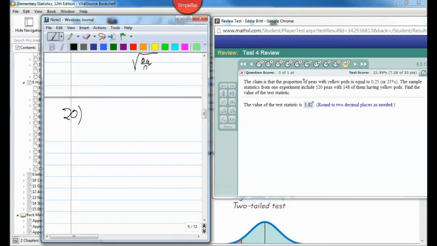The claim is that the proportion of peas with yellow pods is equal to 0.25. So P equals 0.25. The P hat is going to come from the actual sample here. The sample statistics from one experiment include 520 peas with 148 of them having yellow pods. So that's going to be 148 over 520, part over total.